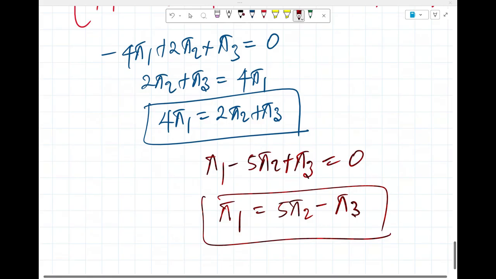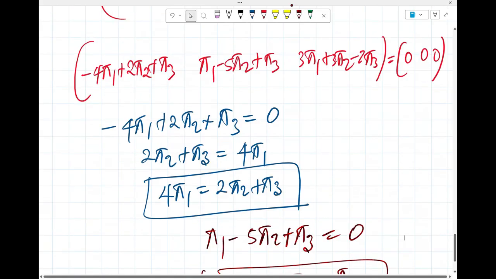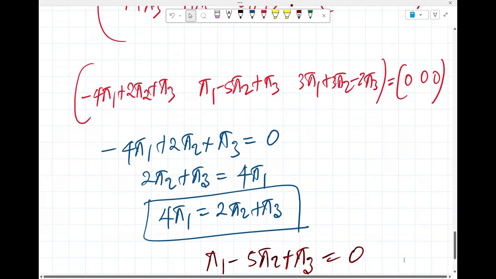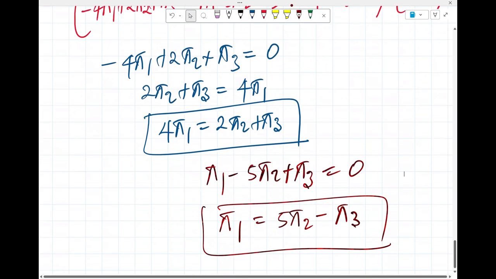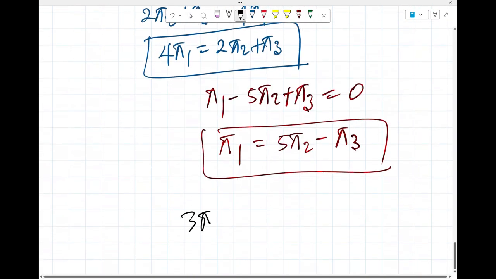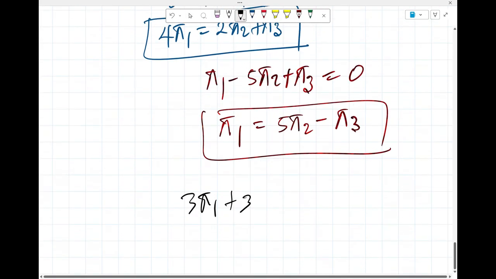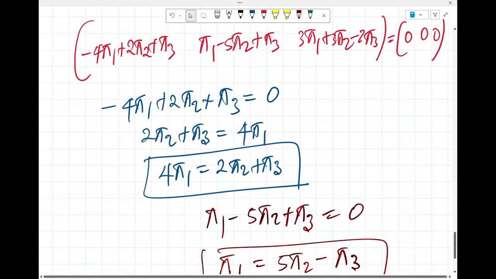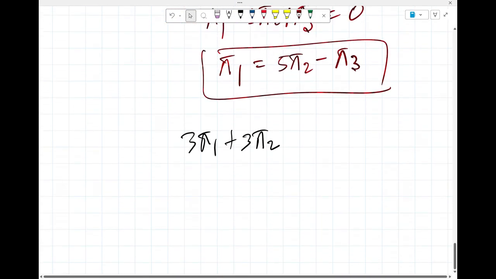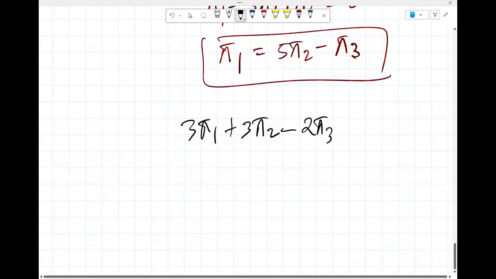In the third one, we can now say that 3 pi 1 plus 3 pi 2 minus 2 pi 3 is equal to 0.